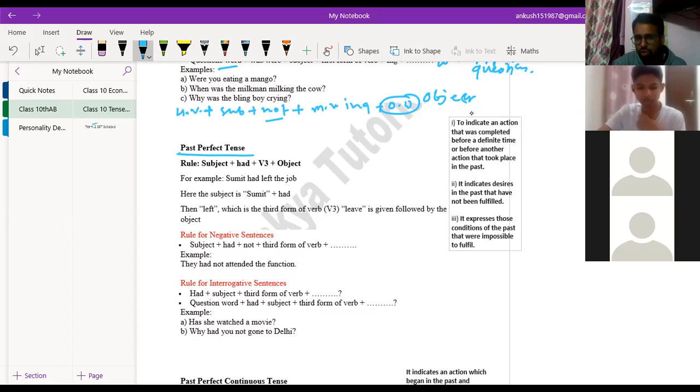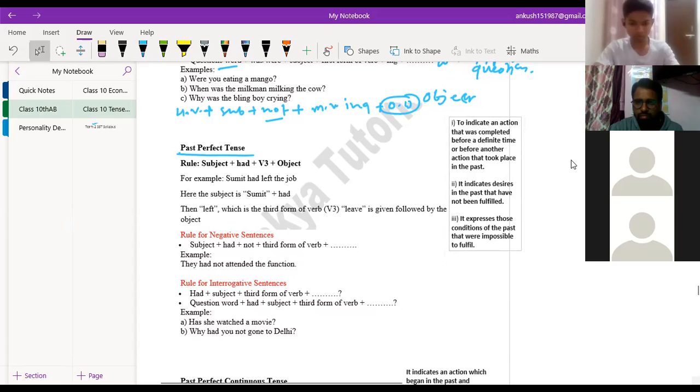In the past continuous tense, please make one or two sentences right now. Good, Tushar. He was running.